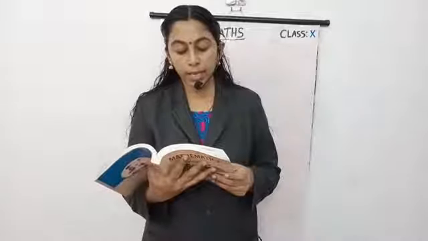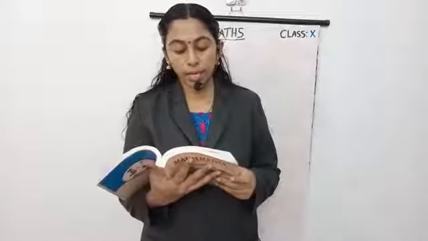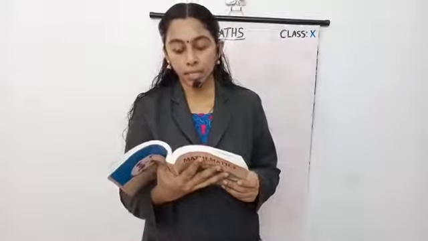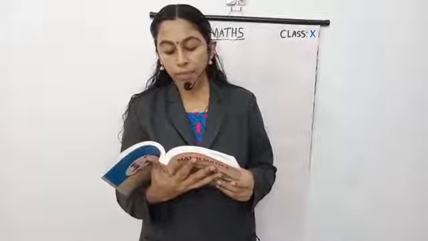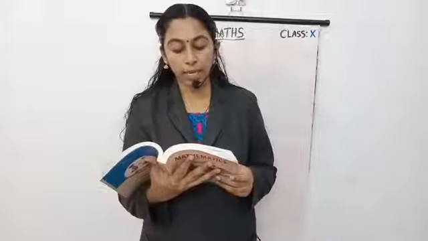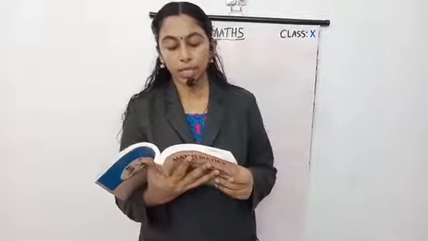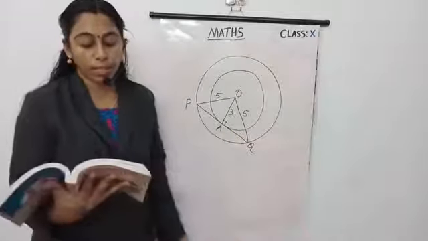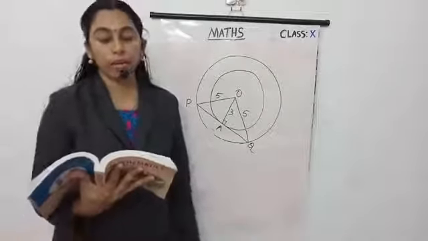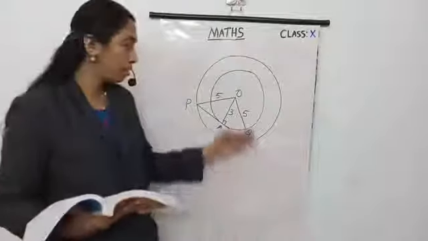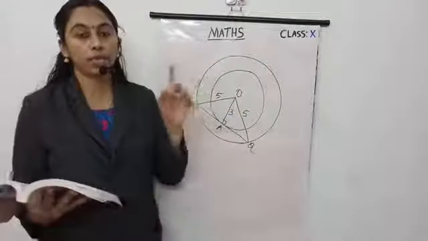Now question 7. Two concentric circles are of radii 5 cm and 3 cm. Find the length of the chord of the larger circle which touches the smaller circle. Concentric means one center.